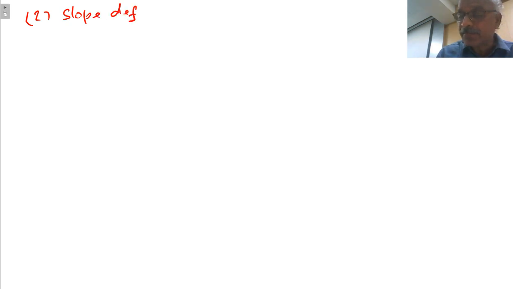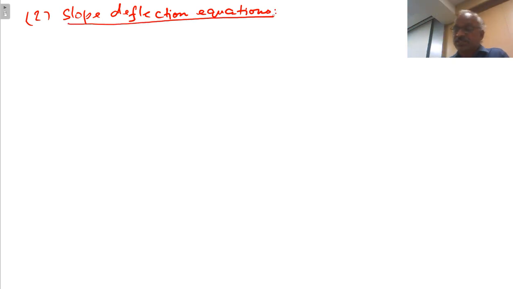Coming to the next step. We know the second step is slope deflection equations.